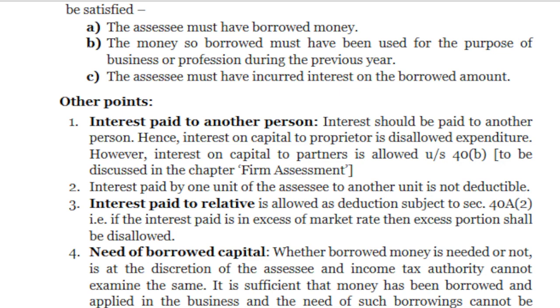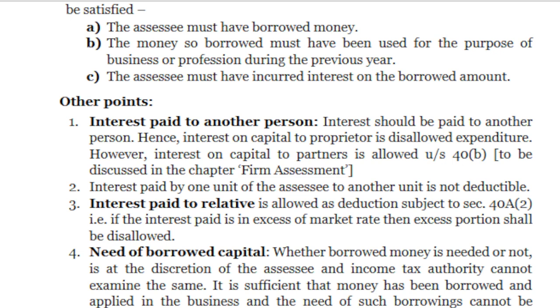But if your payment is more than the market rate, suppose market rate of interest is 12% and you are paying 30% interest to your relatives, so the excess payment is disallowed. Not allowed as deduction. So I said 30% you are paying and market rate is 12%. So that extra 18% is disallowed.